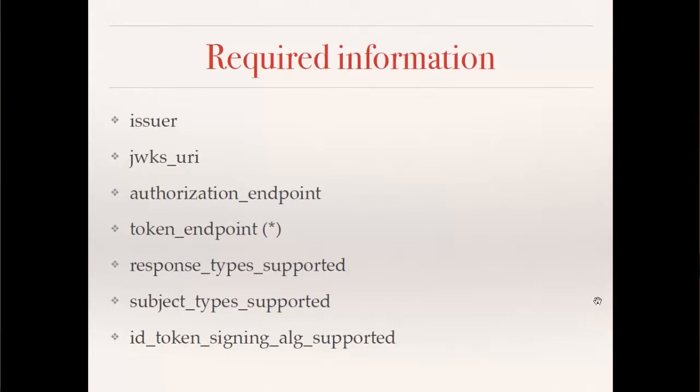Subject types supported. This is about the identifier for the subject you get back. There are two versions of that. Either you get back an identifier which is specific to the subject, but it's the same, disregarding which service is asking for this information. That's called public.